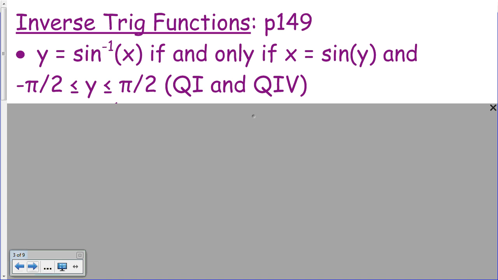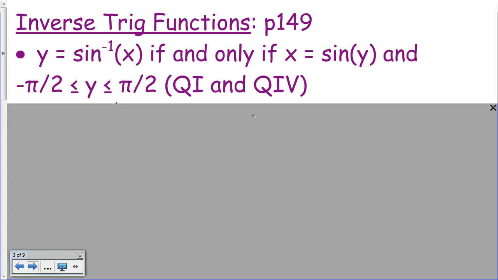So that's what we have here, a restricted domain on sine. It's the sine of y, and so this is the restriction on the input for sine, or that corresponds to the output of sine inverse, the y value there. So it's the domain on sine, but the range on sine inverse.